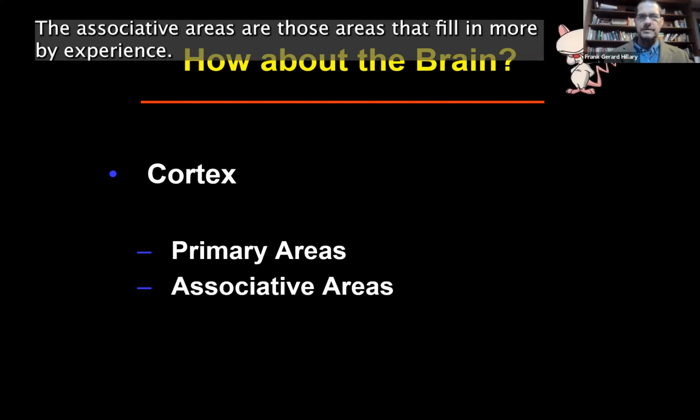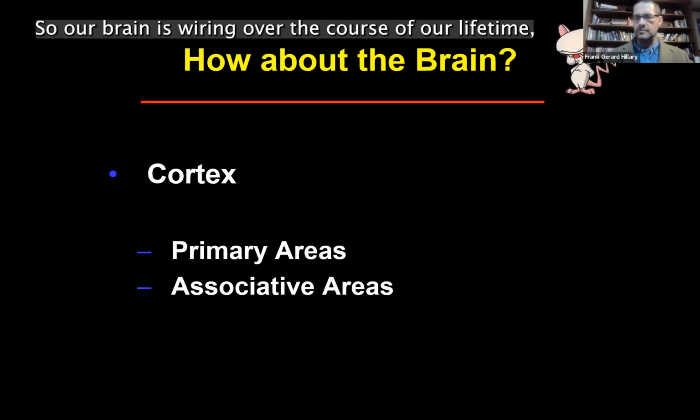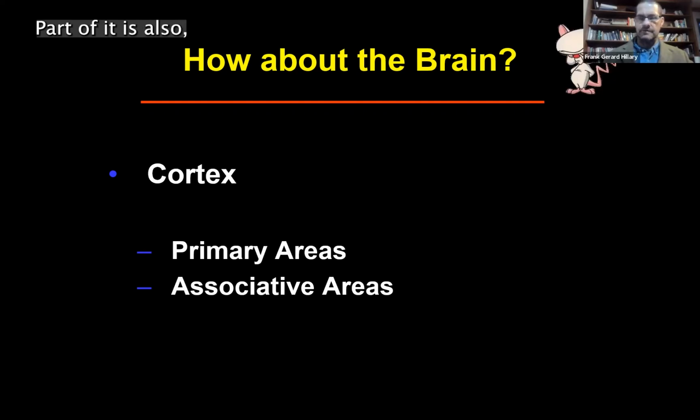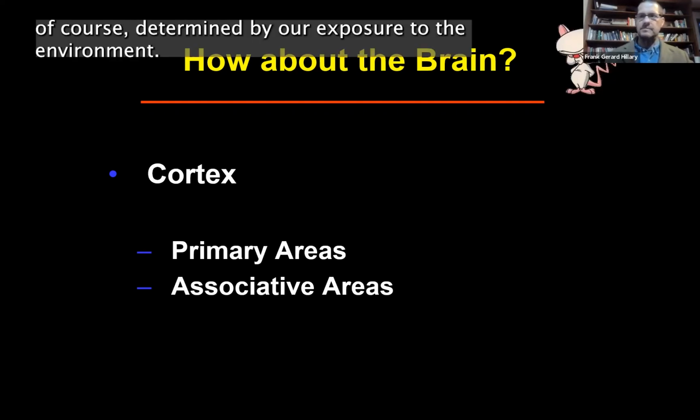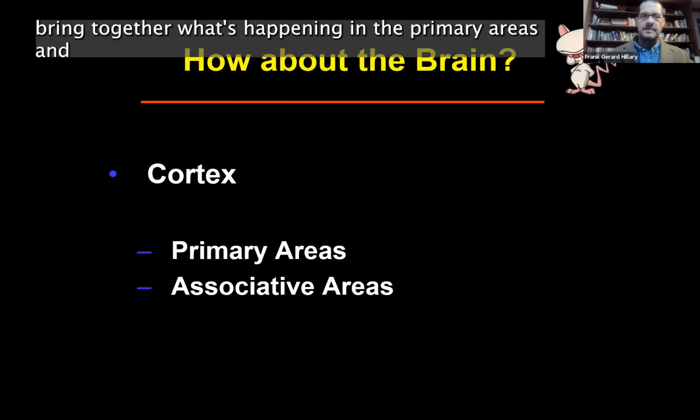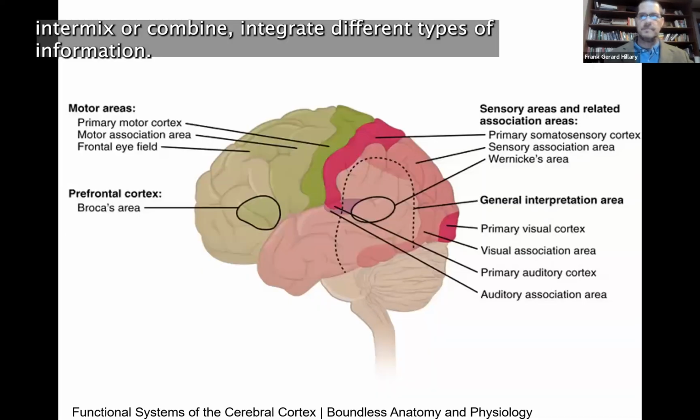The associative areas are those that fill in more by experience. Our brain is wiring over the course of our lifetime, and part of that is determined by genetics, but part of it is also determined by our exposure to the environment. The association areas bring together what's happening in the primary areas and intermix, combine, and integrate different types of information.